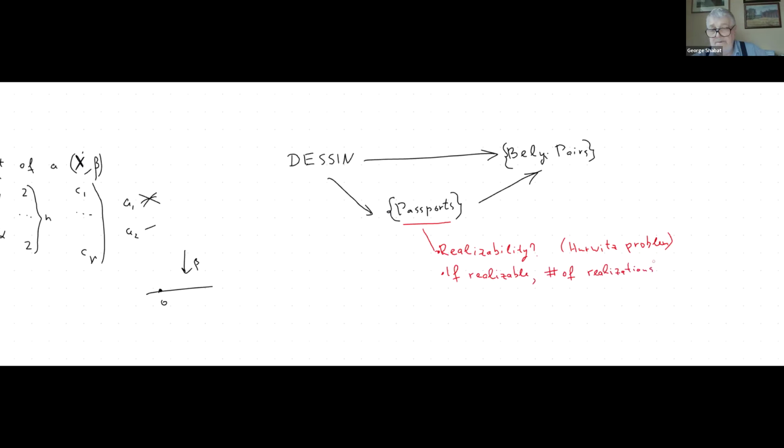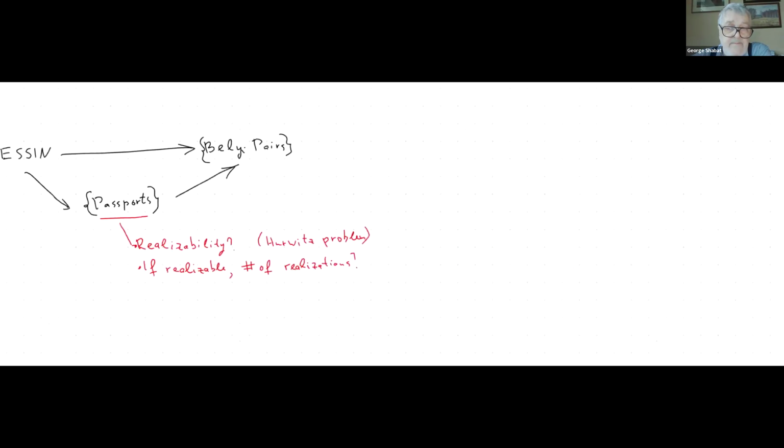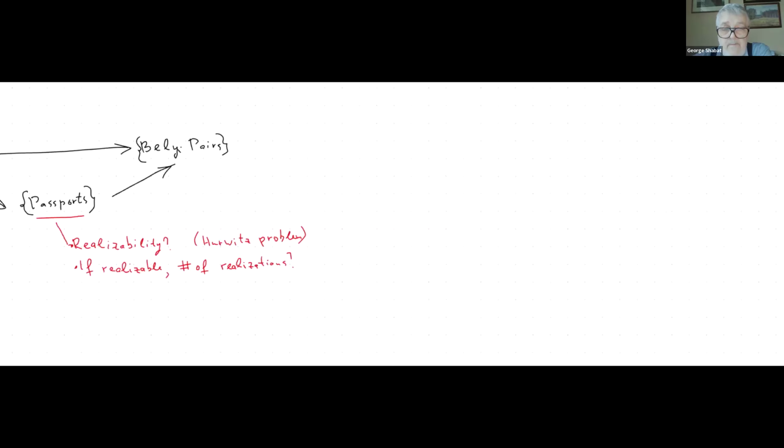So these are purely combinatorial questions, and now I return to Belyi pairs and to arithmetic. First of all, I introduce one of the possible notations for the absolute Galois group.